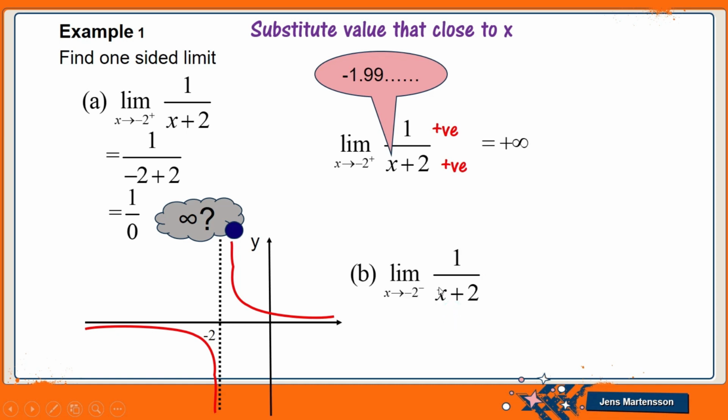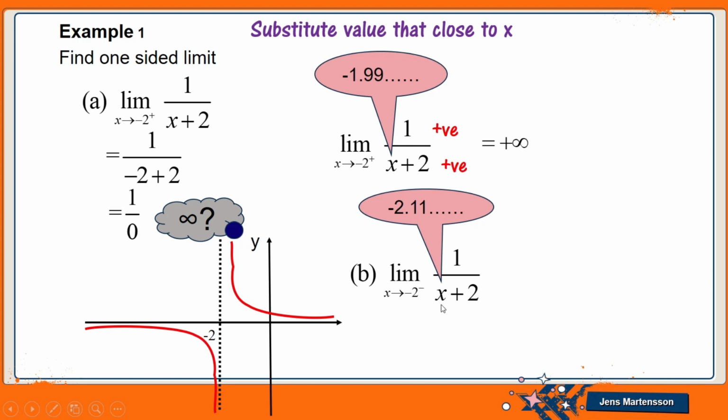Okay, for question B, limit 1 over x plus 2 when x approaches negative 2 from the left. Also, we substitute negative 2 in x, we get 1 over 0, and the answer is infinity. So we must substitute a value very close to x from the left.